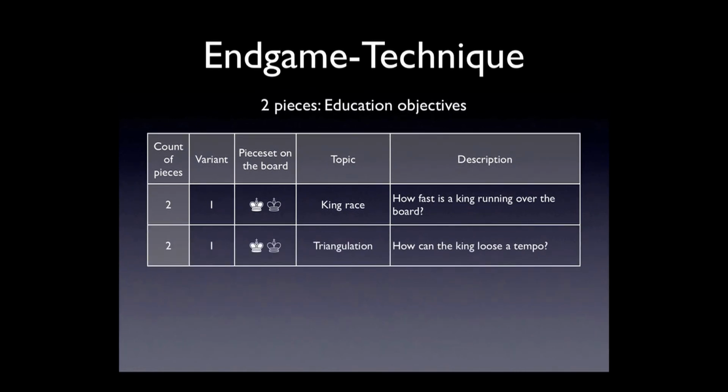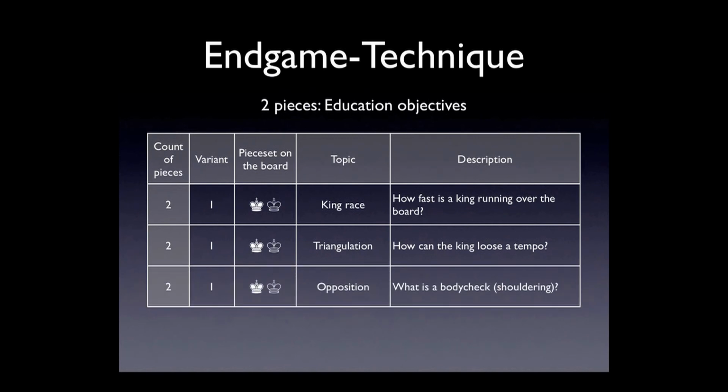Afterwards, we will learn something about the triangulation, which is going a route shaped like a triangle. This is basically about how a king can lose a tempo. But why should the king lose a tempo?